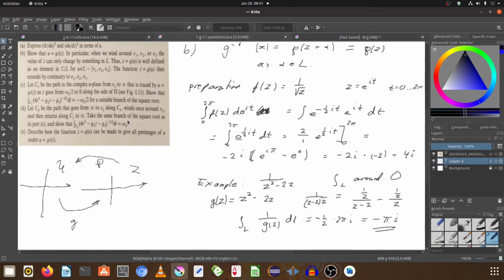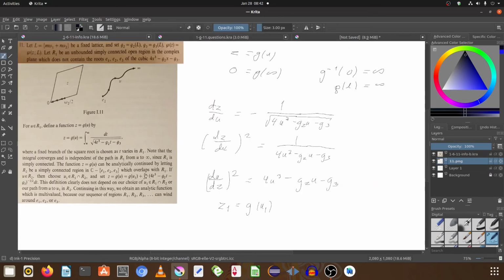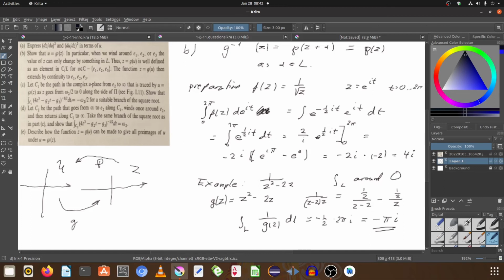So going from E2 to infinity gives, or what was it? There's a problem with the sign here, really.